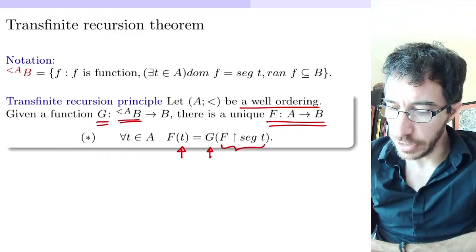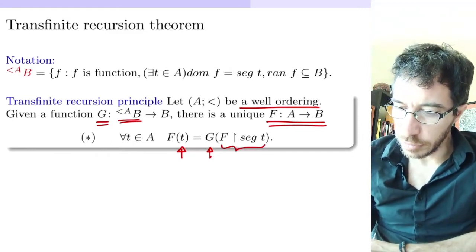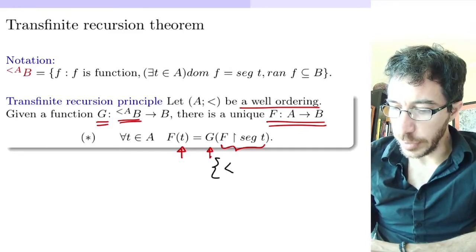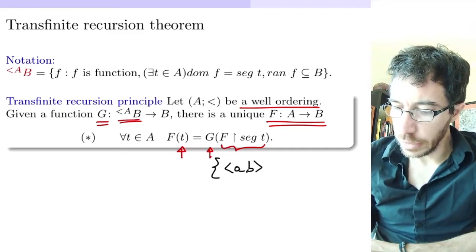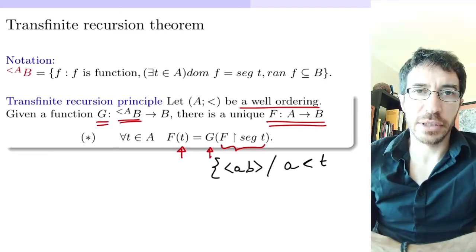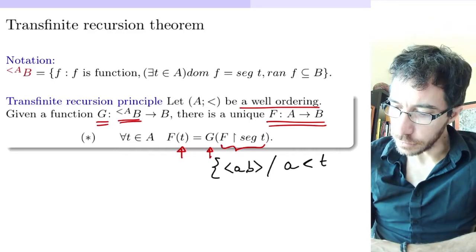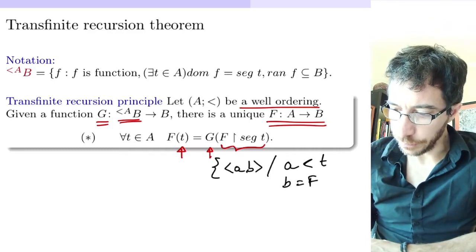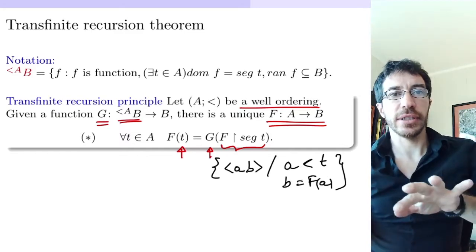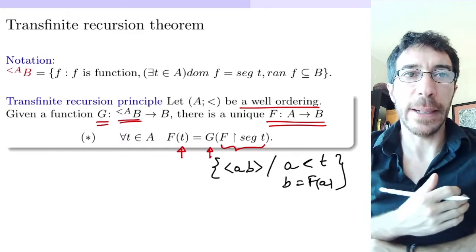So the graph of this is essentially, if you guys remember, if you see it as a graph, a set of all pairs (a, b) such that a is below t, or belongs to the segment of t, and b equals f(a). So it's the restriction of the graph only to the things below t.